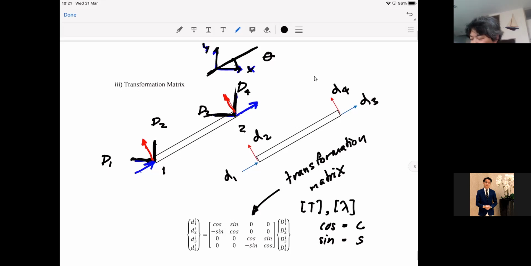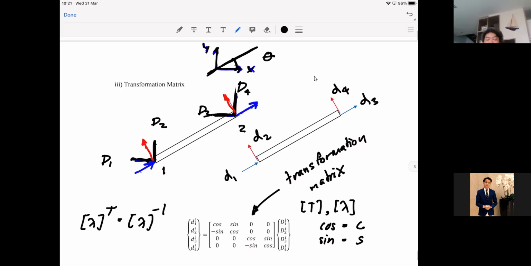So you can say lambda transpose is equal to lambda inverse. It means you can just transpose it and you get the inverse, right? Isn't that cool? Very cool.